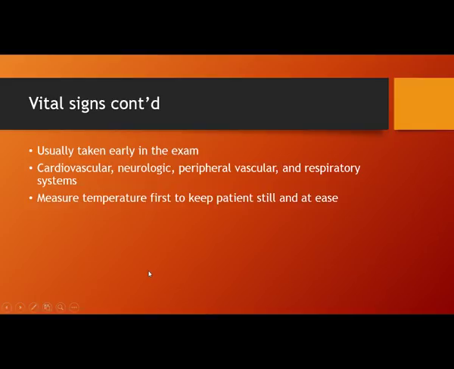Measure the temperature first, and the reason for that is depending on what method you use, it may take a minute or two, and that settles the patient down and keeps them still. You want to get them still and keep them still and at ease before you do the pulse, respirations, and blood pressures.